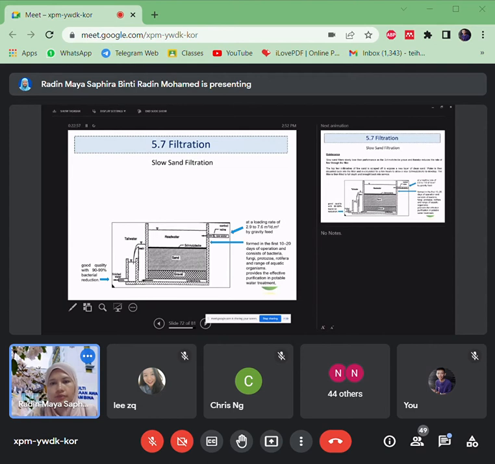Okay, some of the technology here uses certain bacteria, called smart deck. Smart deck is the bacteria that form a layer, consisting of bacteria, fungi, protozoa, and rotifera. They actually do some degradation process for certain organic matter.